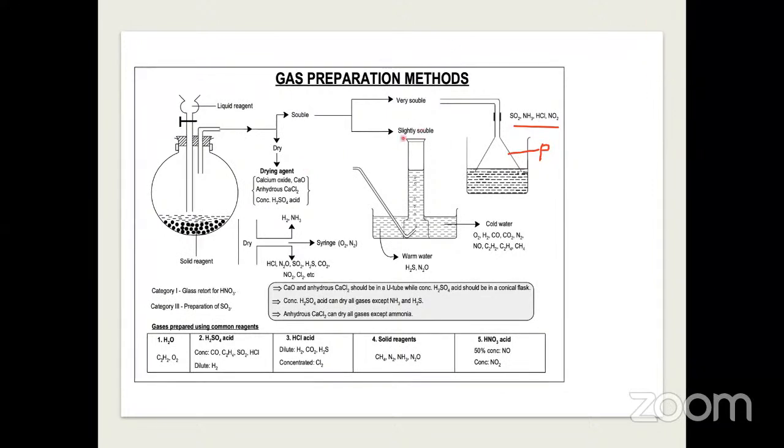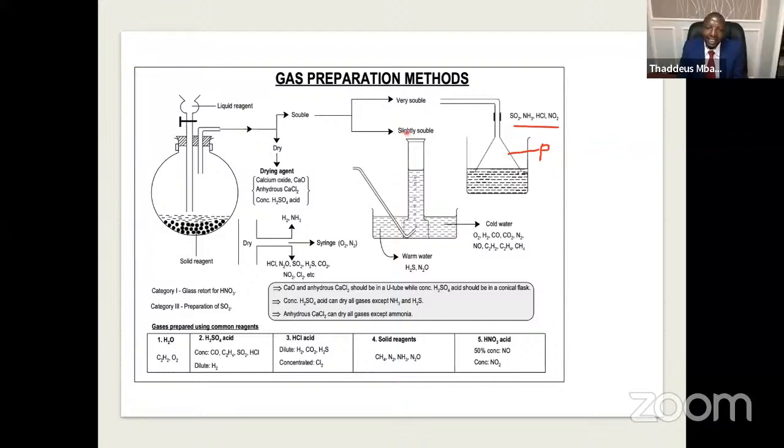Very good. Then we go to gases that are slightly soluble in water. The gases that are slightly soluble in water are collected over water, either over warm water or over cold water. So now, in that scenario, for cold water, we have the gases that are slightly soluble in water.